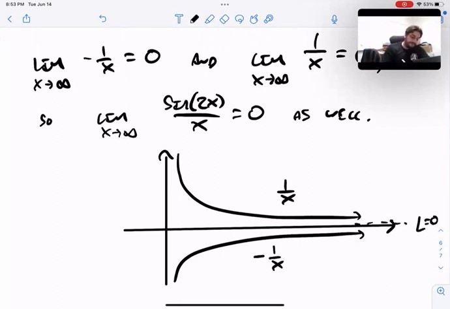In between, I have this quantity sine of 2x over x, which does oscillate, but with an amplitude that's bounded by 1 over x and -1 over x. The max and min values of this function in the middle just bounce between 1 over x and -1 over x. Therefore, the function in the middle also goes to 0 as x goes to infinity.